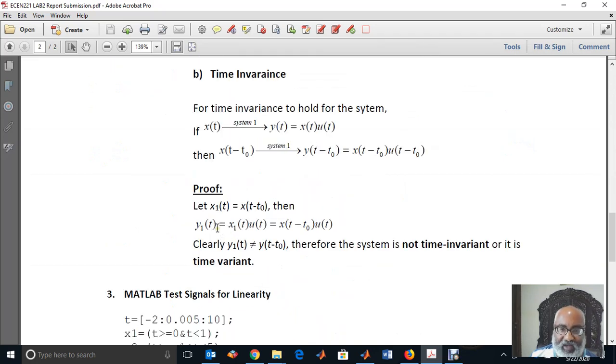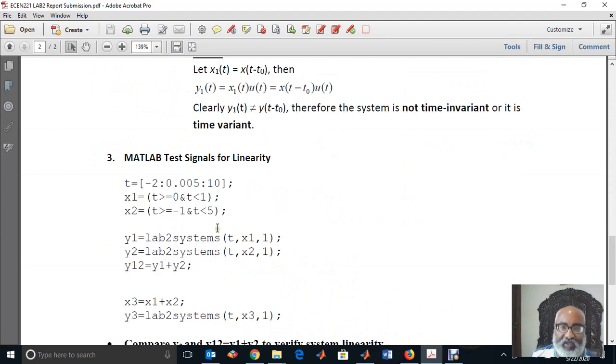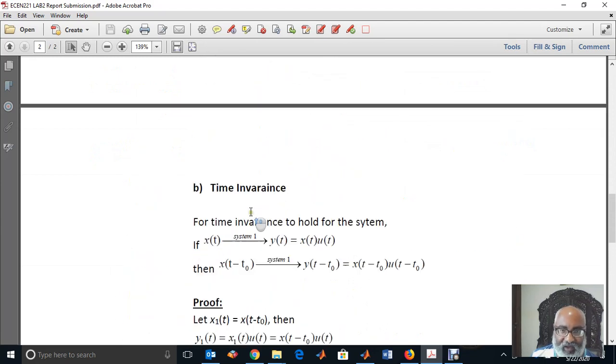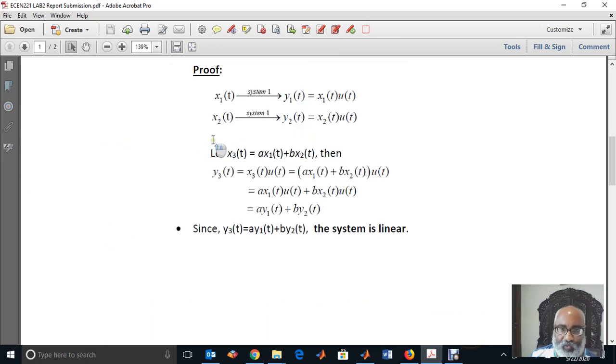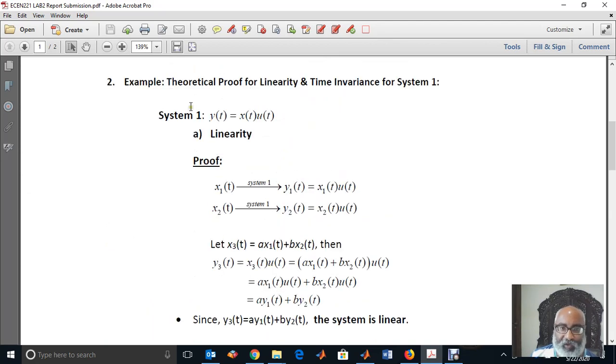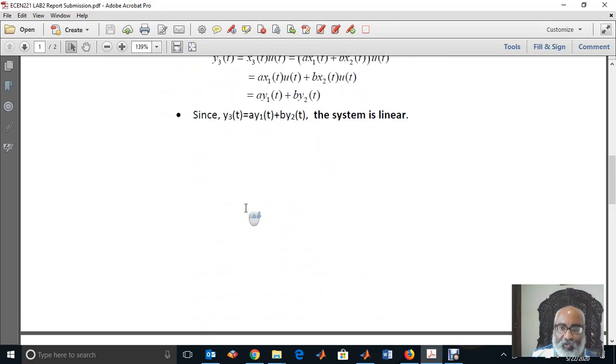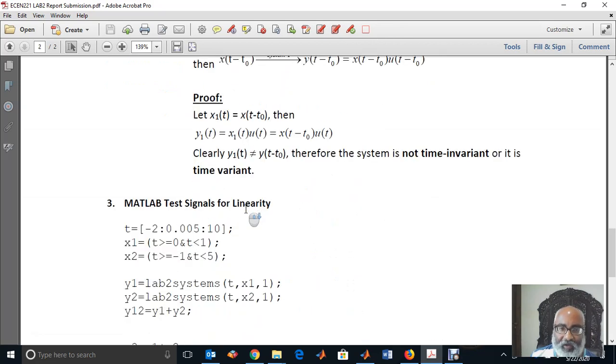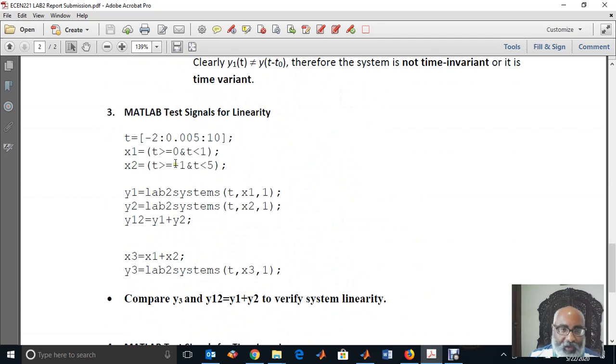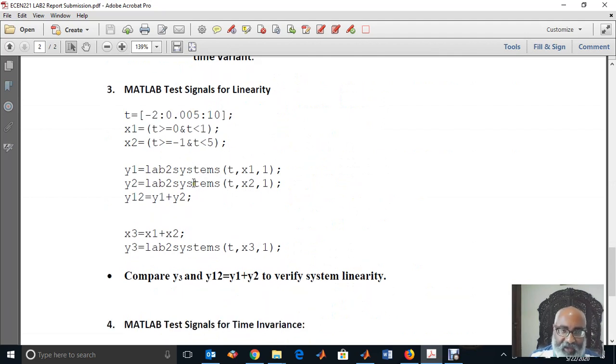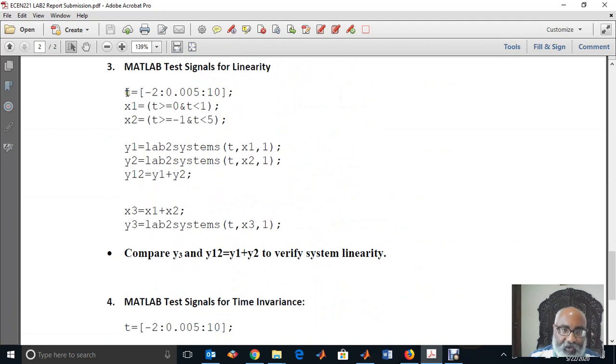Now let's try to prove this using a MATLAB simulation. Okay. Now again, I will show this process for system 1, and you will do it for system 2, 3, and 4. So for system 1, how do we prove linearity and time invariance mathematically in MATLAB? Okay. So here, for example, I create a time vector from -2 to 10, with time step 0.05.